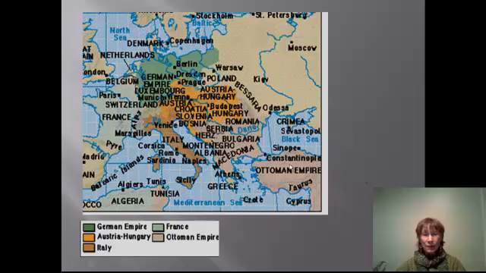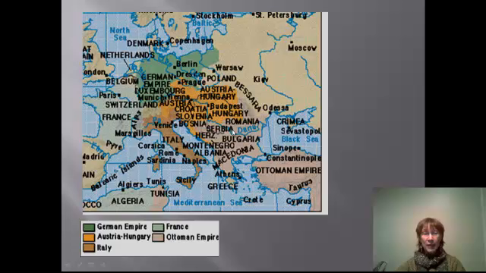What I would like you to focus on is this area, because this area used to be the Ottoman Empire, but by the last part of the 19th century, the Ottoman Empire is disintegrating, and many of these regions are becoming independent. One of these regions is Serbia.